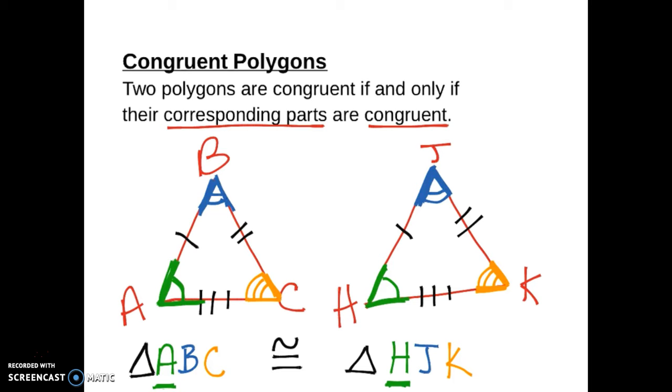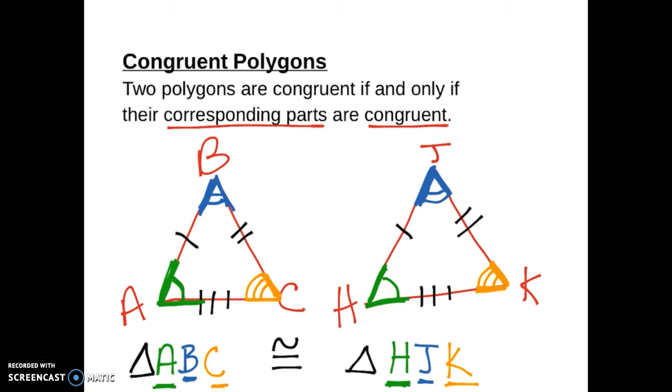Then angle B was second over here, and so its corresponding angle, angle J, has to be second in the second triangle statement. And angle C is the third angle, and its corresponding angle, angle K, has to be the third angle over here. Okay? It's really important that it's written in this order.